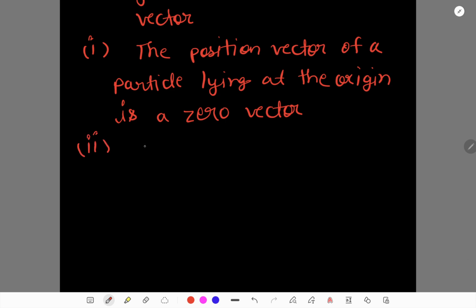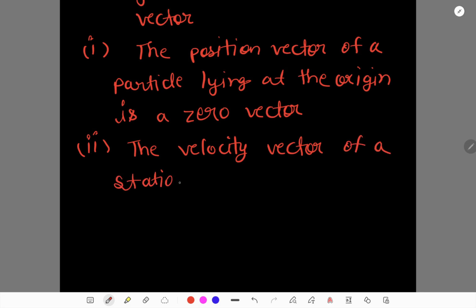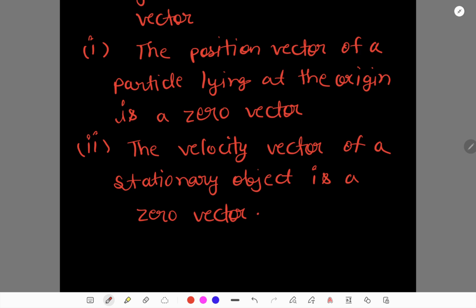The velocity vector of a stationary object is a zero vector. Similarly, the acceleration of an object moving with uniform velocity is a zero vector.